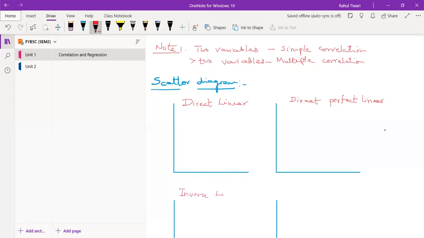And if I'm saying direct perfect linear, I will say inverse perfect linear.